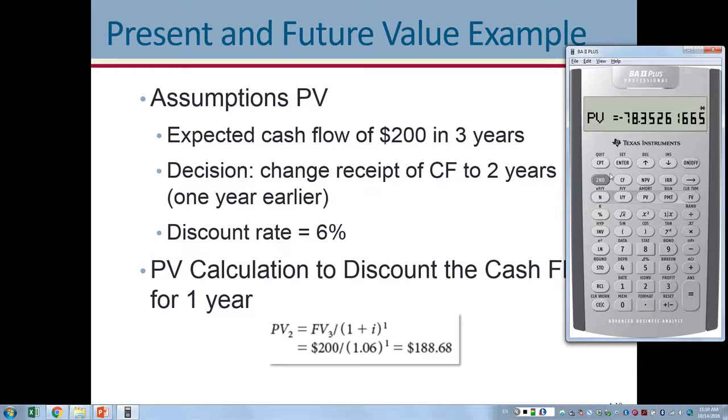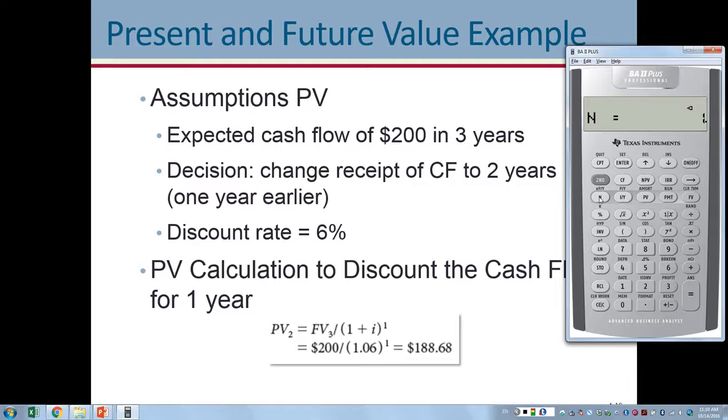Now, here we have the calculation. Let's do it with our calculator, right? So we say, okay, what if instead of receiving $200 in 3 years, we want to receive an X amount of money in 2 years? How much are we going to be settling for? Well, we know that N is going to be equal to 1, right?